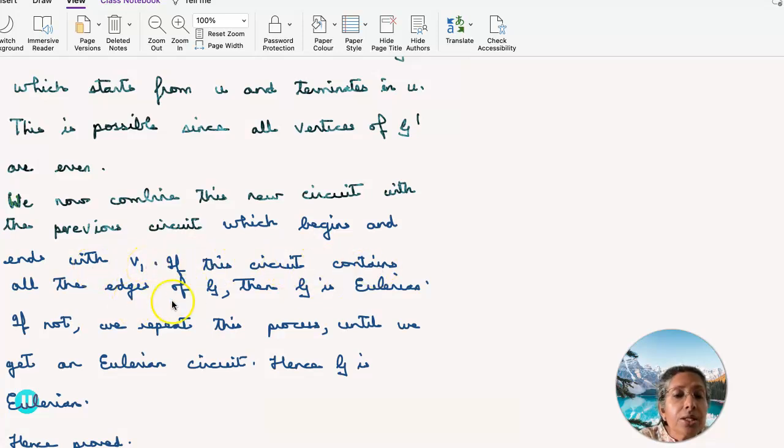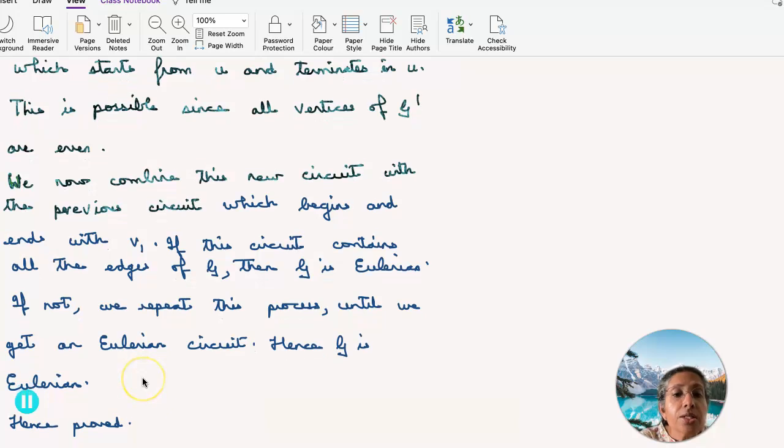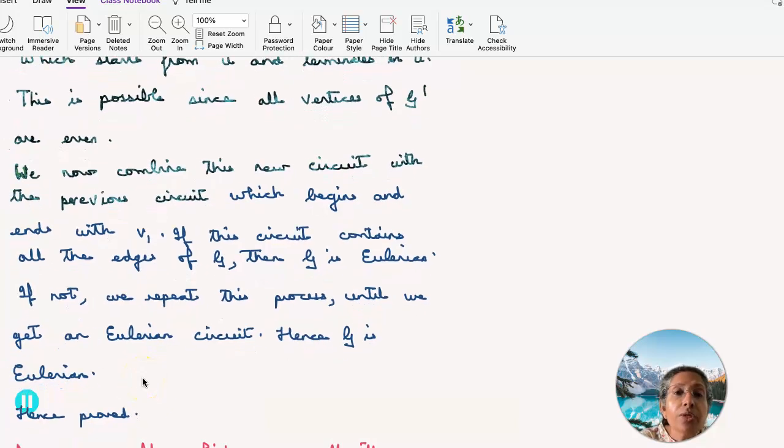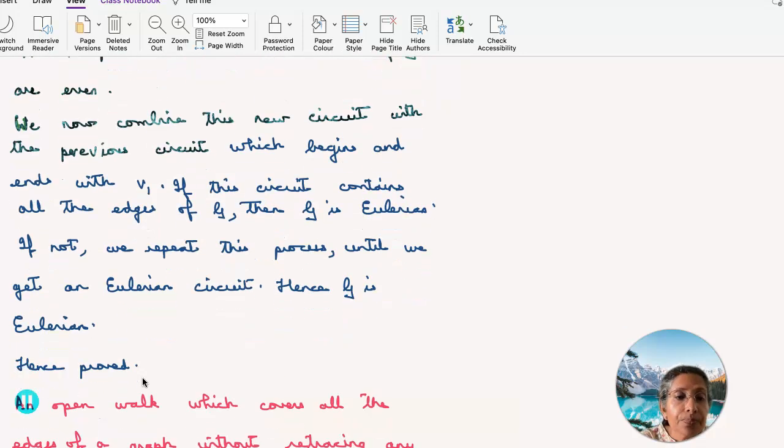If this circuit contains all the edges of G, then G is Eulerian. If not, keep repeating this process until we get an Eulerian circuit. What is the process? We remove both the circuits, find a common vertex, and then again find a circuit from that vertex until we get an Eulerian circuit. Hence, G is Eulerian. So we have proved that if every vertex is of even degree, then G is Eulerian.